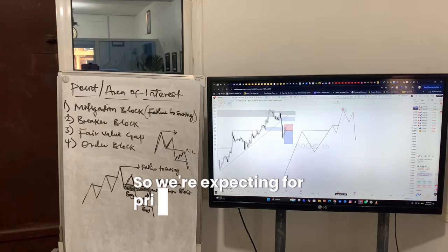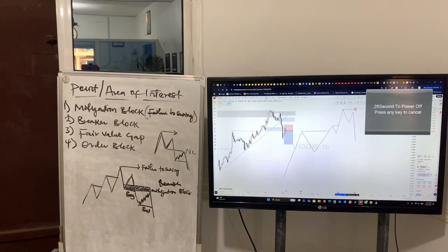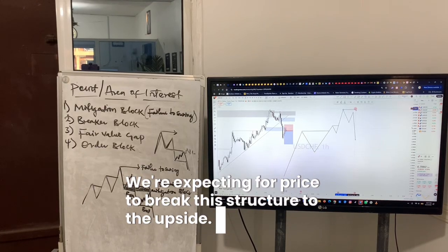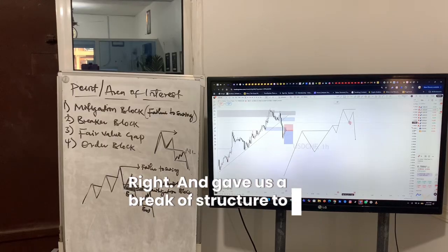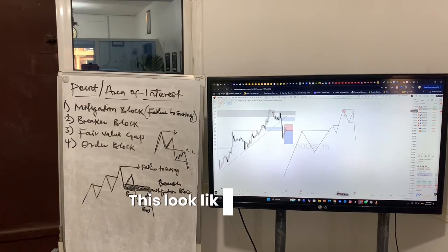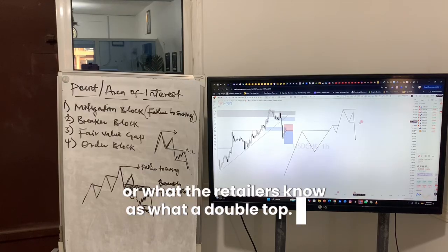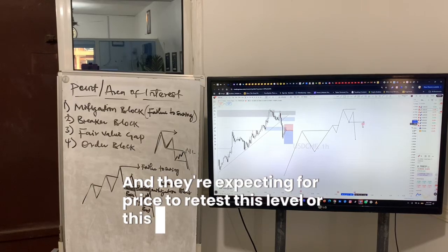So we are expecting for price to break this structure to the upside, but it failed, right? And gave us a break of structure to the what? Downside. Now, this is what I mean. You can see that this looks like the letter M, or what retailers know as what? A double top.